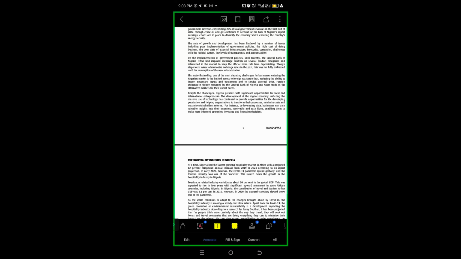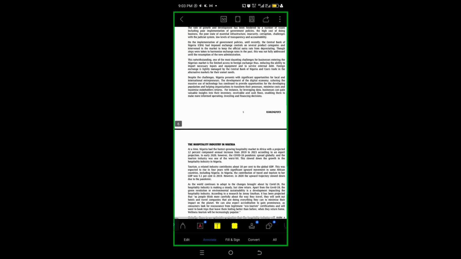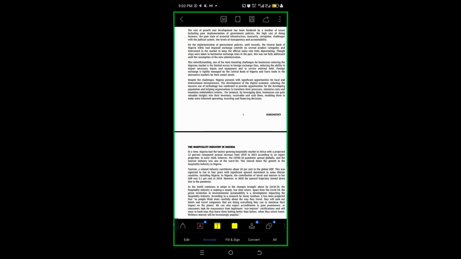So these are the sets of issues currently affecting the Nigerian economy. Now, any poorly implemented government policy will invariably affect the hospitality industry and will affect the client, because it operates in that industry.